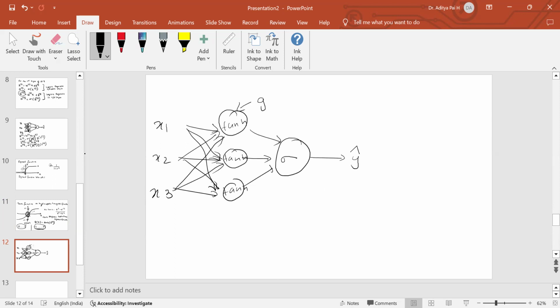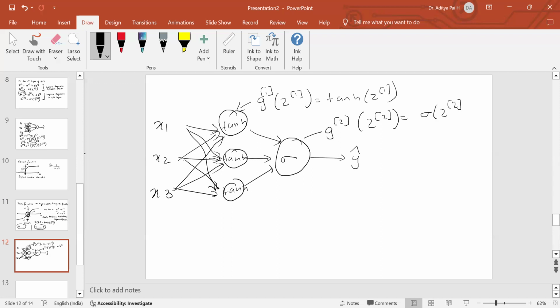So the equation can be written as g of z of 1 is equal to tan h of z of 1, and g of 2, z of 2, is equal to sigmoid of z of 2.